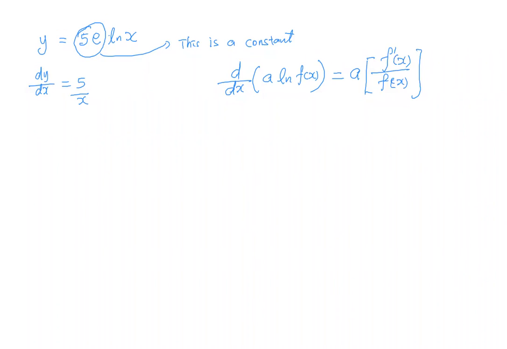No. So can you tell me the correct answer? 5e over x. Yes. 5e, you differentiate ln x, you get 1 over x. So it's 5e over x. All these are rules we must master. Can or not, you must master your rule. If you don't master your rules, your 15 marks will just fly away.